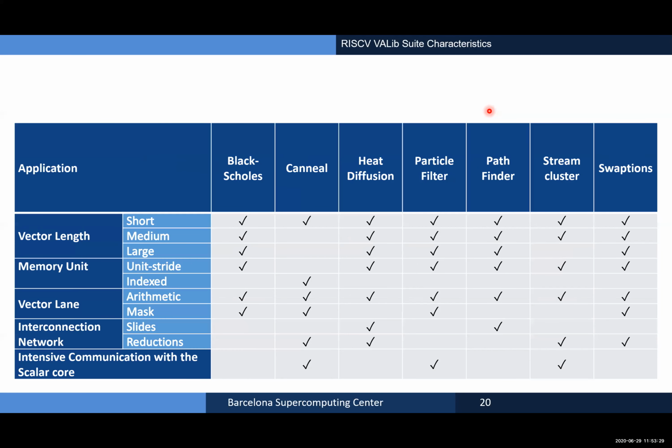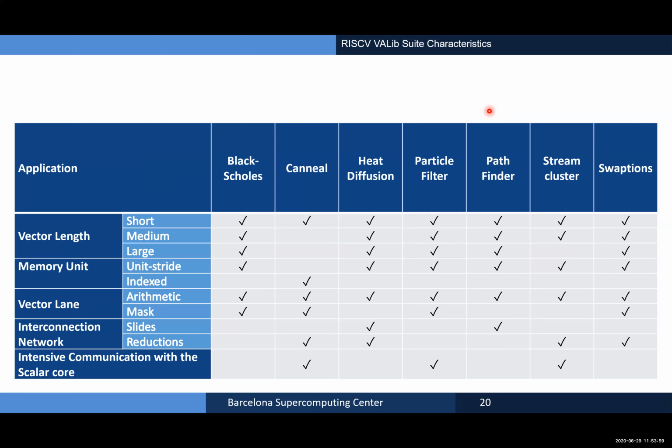If you look at the characteristics, when we chose the applications, we wanted to exercise different aspects of HPC vector architecture. For example, for the vector length, we wanted applications with short, medium, or large vector lengths. On the memory access, we want strided but also indexed accesses.